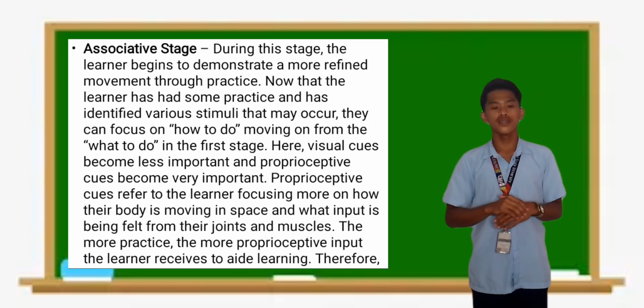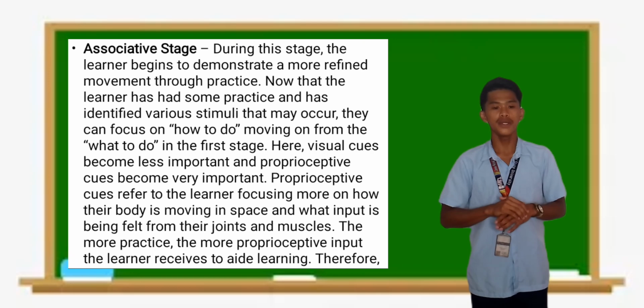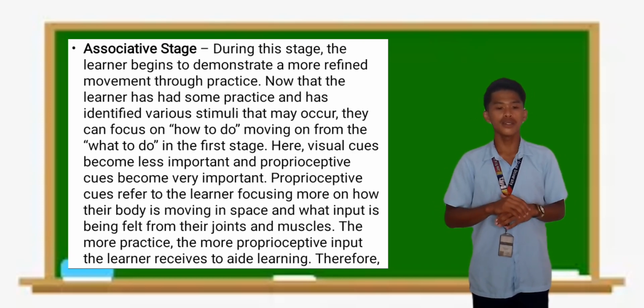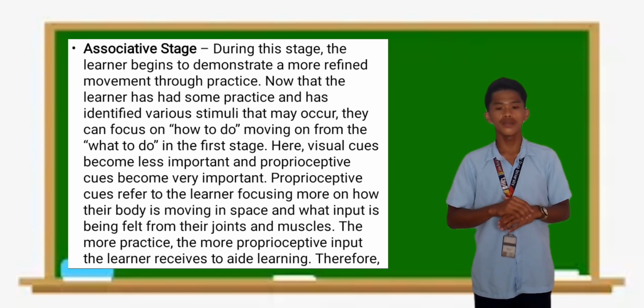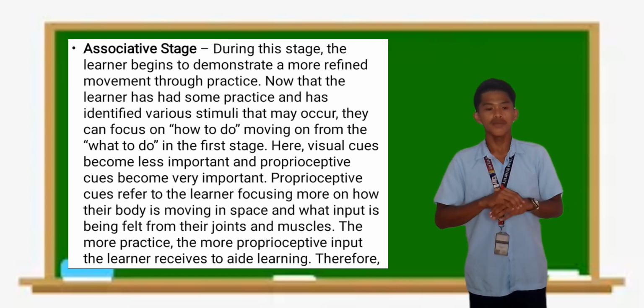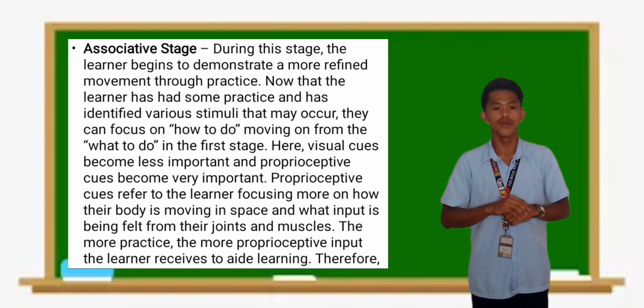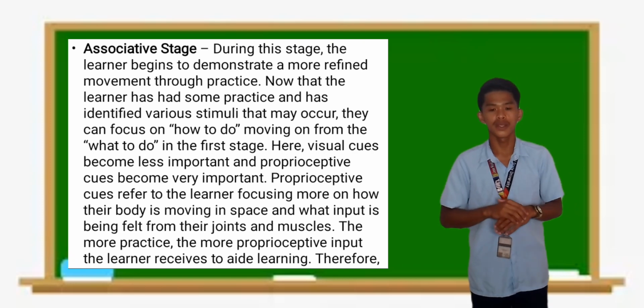Next is the associative stage. During this stage, the learner begins to demonstrate more refined movements through practice. Now that the learner has had some practice and has identified various stimuli that may occur, they can focus on how to do it, moving on from the what to do in the first stage.